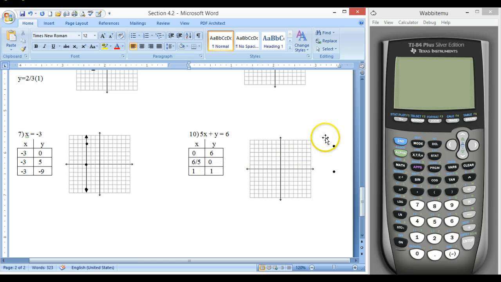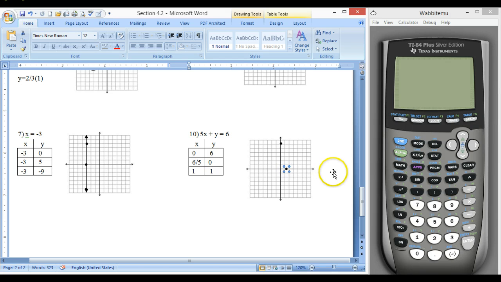And delete those. All right, let's come over here. 0 in the x direction and up 6. 1, 2, 3, 4, 5, 6. And then 6/5 is 1 1/5, 0. So I'm going to go over 1 1/5, so not quite on the 1, and 0.